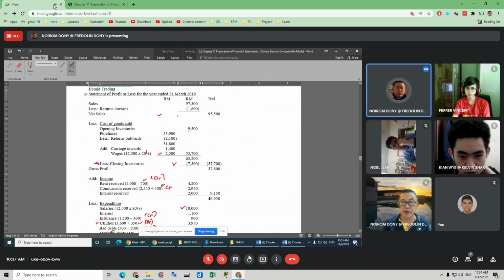So opening inventory plus purchases less closing inventory. Then the adjusted net amount, we put in the third column. But remember the symbol, you must put the bracket here so that you minus it from the net sales. 25,500 less cost of sales, so you have 37,800. So that is fulfilling.